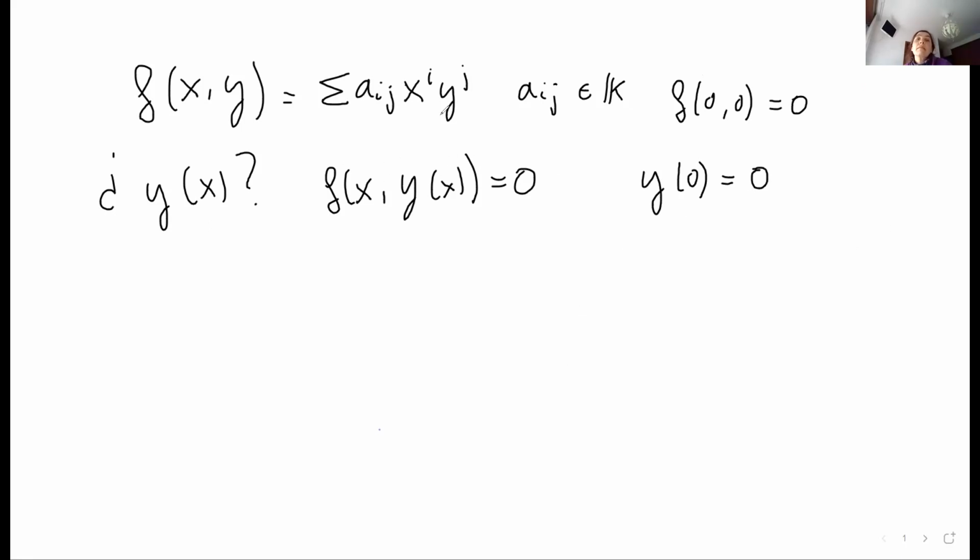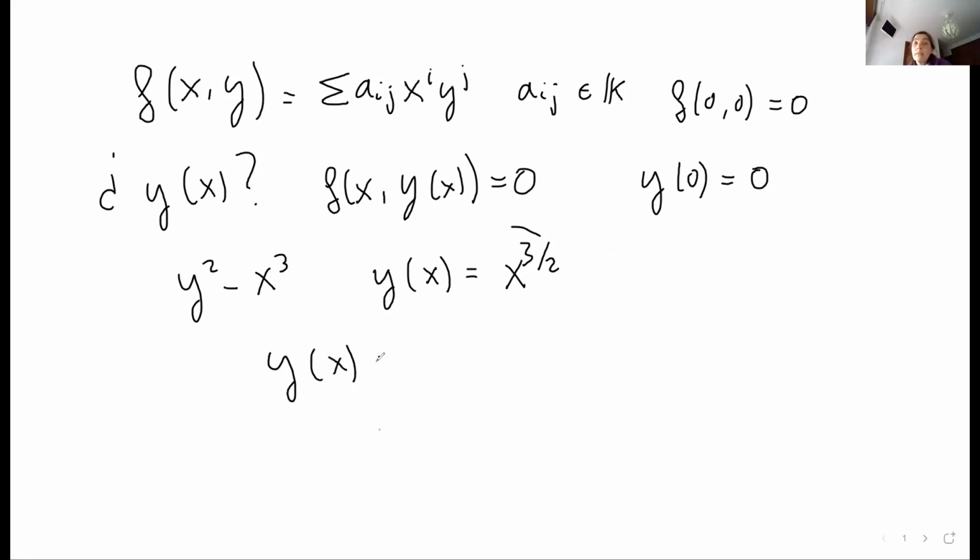The existence of such solutions depends on where we are looking for them. For example, if we have y squared minus x cubed, the solution is y(x) equals x to the 3/2. So we need to look for solutions with rational exponents.